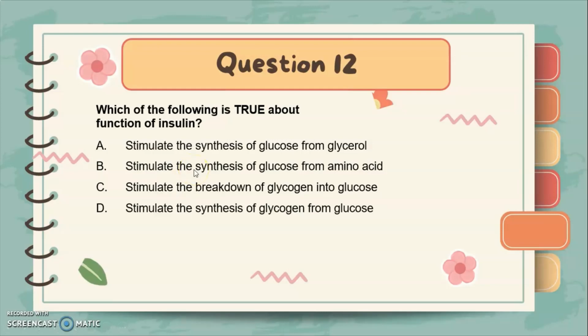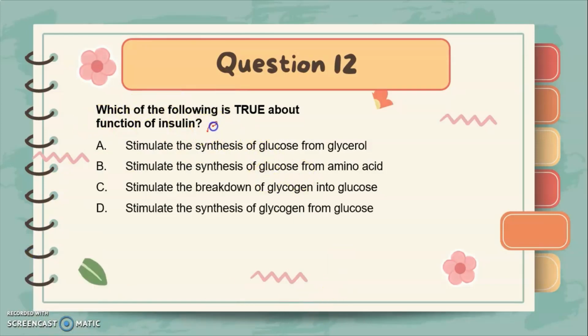Okay, untuk soalan yang ke-12. Which of the following is true about function of insulin? Masih lagi di bawah regulation of blood glucose level. Right? So, seperti mana kita tahu untuk insulin. Okay. Insulin ini secreted by beta cell. Okay.